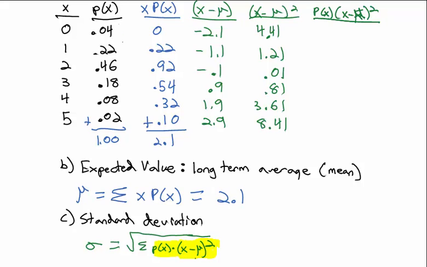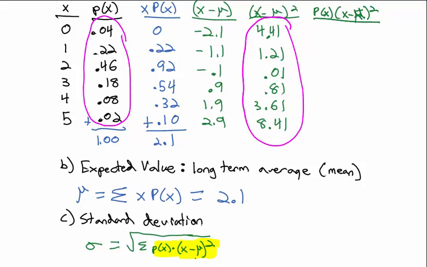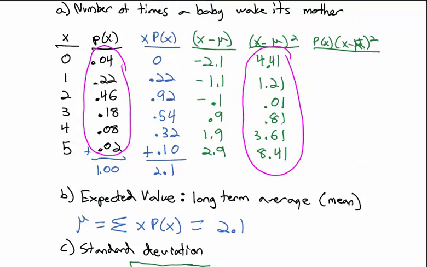Basically we're multiplying the probability column by the x minus mu column. 0.04 times 4.41 is 0.1764. 1.21 times 0.22 is 0.2662. 0.01 times 0.46 is 0.0046. 0.81 times 0.18 is 0.1458.